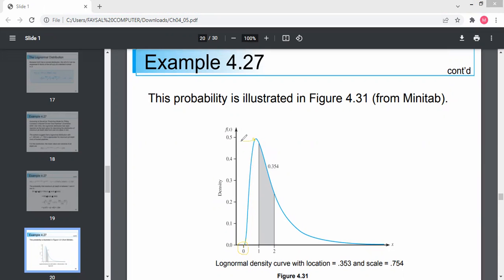This point is approximately 0.47, at x equals 1.7. At x equals 1.7, my function value is at its peak. But between 1 and 2, the area under the graph, the shaded region, is 0.354 respectively, and the curve then moves down and reaches a straight line.